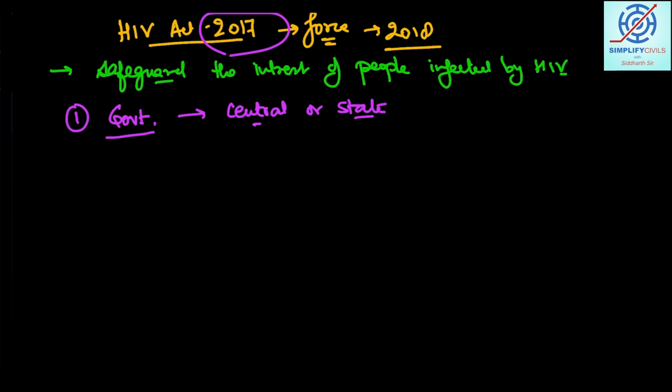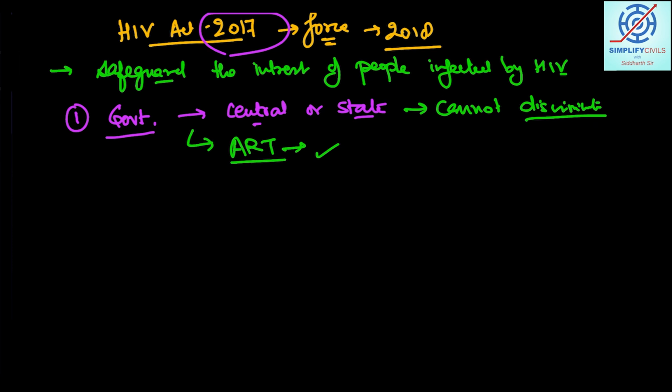It also said that the government will be responsible for giving ART therapy. So you know what is ART? Antiretroviral therapy. Okay. So without discrimination, the government will be giving this medicine and taking care of the people.